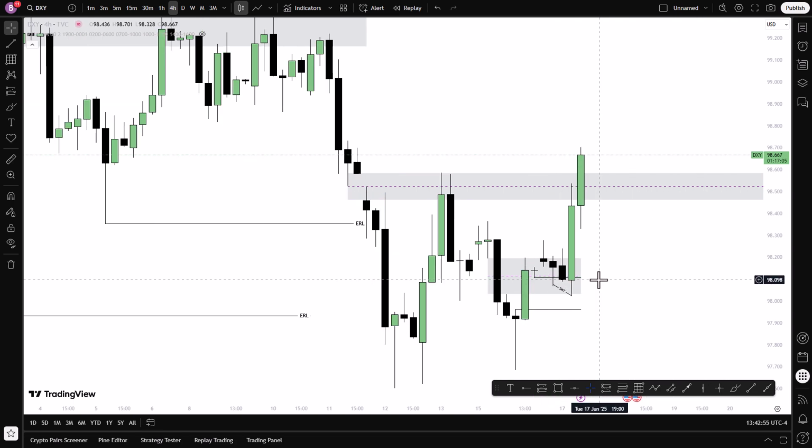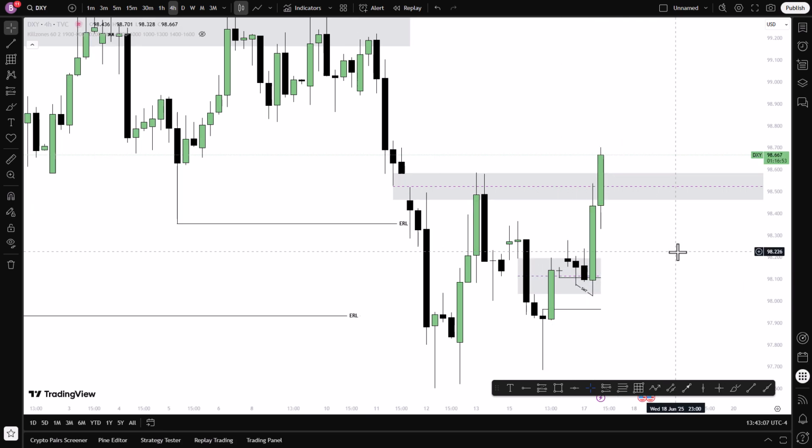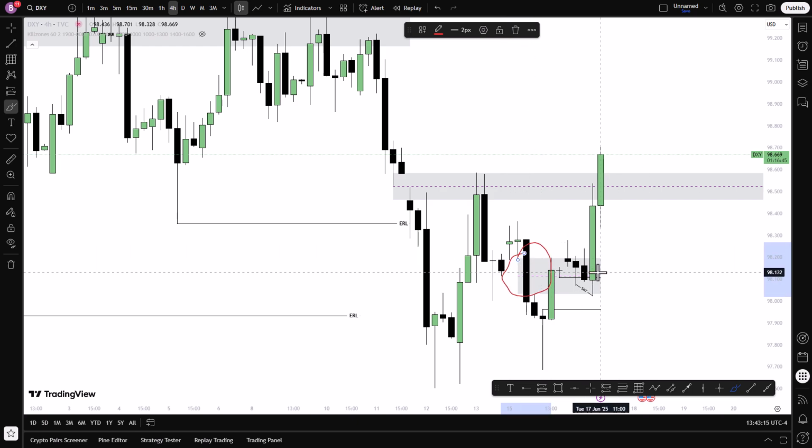Why? Because I've seen my setup. One of the things I look out for is I want to see an imbalance as well as SMT. We have this imbalance and we have SMT, so this is a bullish price. And also we have closed above this fair value gap. You see, this is a fair value gap, and we have closed above it already. So what am I expecting?